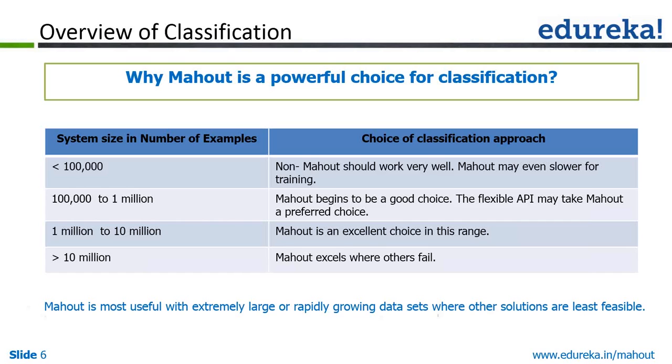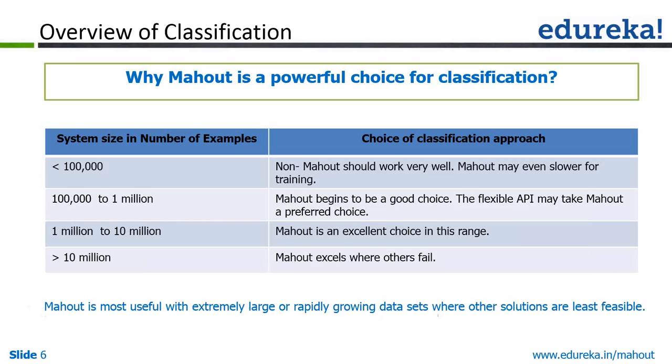So if the file size, the number of examples which we are giving to the system to learn, is less than around 1 lakh, then a non-Mahout system will also work very well, and Mahout actually works slow in those sort of scenarios if data is low. But if it is in the 1 million to 10 million range, then Mahout is really excellent.